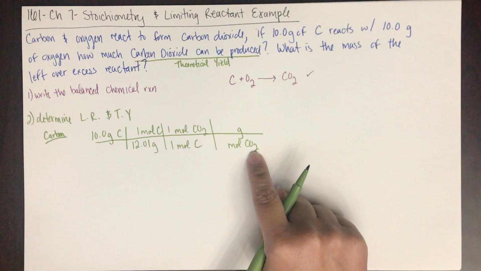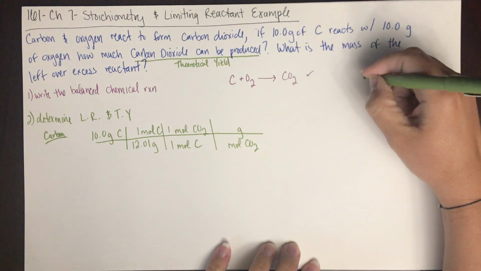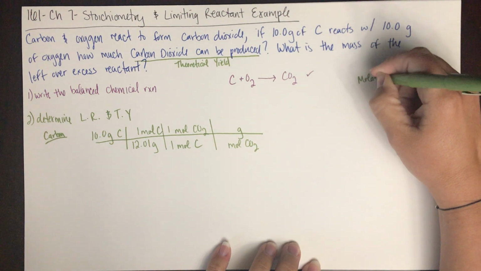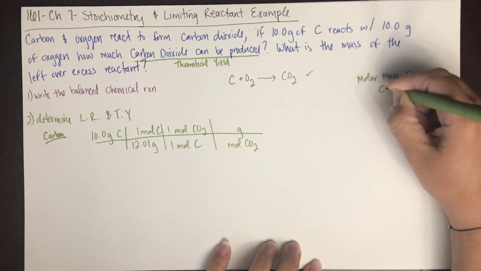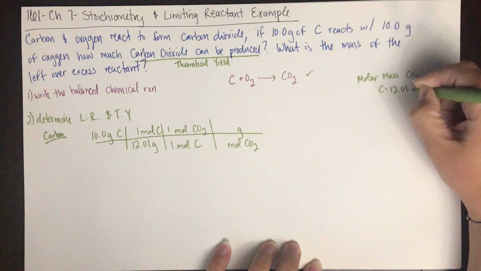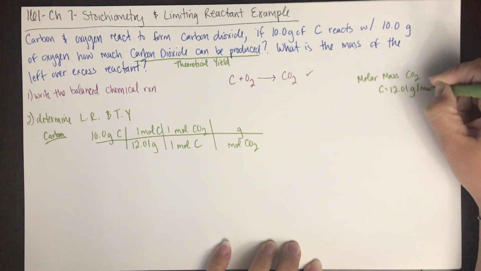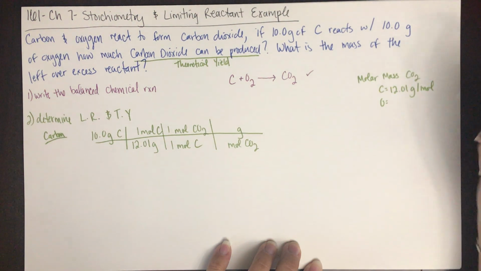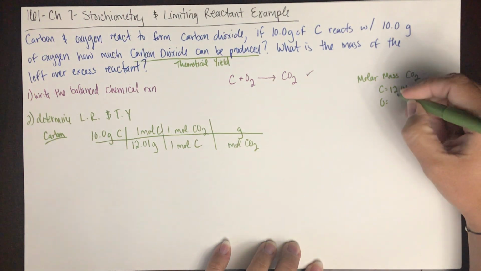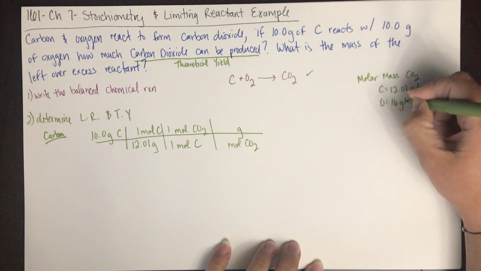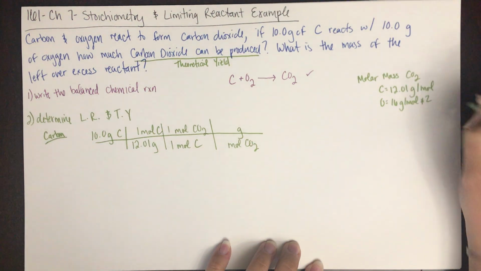So I'm going to want the molar mass of carbon dioxide. Let's calculate that real quick. Molar mass of carbon dioxide: carbon, we just said, has a molar mass of about 12.01 grams per mole. Oxygen has a molar mass of about 16 grams per mole when you look it up on the periodic table, and I have 2 of them.